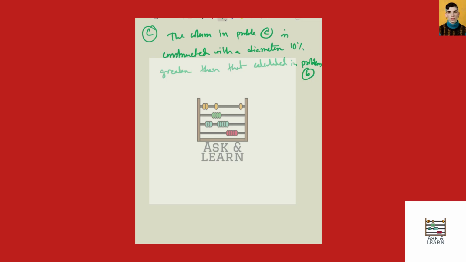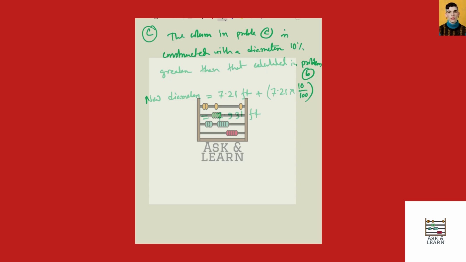Therefore, the new diameter of the column is 7.21 feet plus 7.21 multiplied by the 10%. Therefore, it is 7.931 feet.